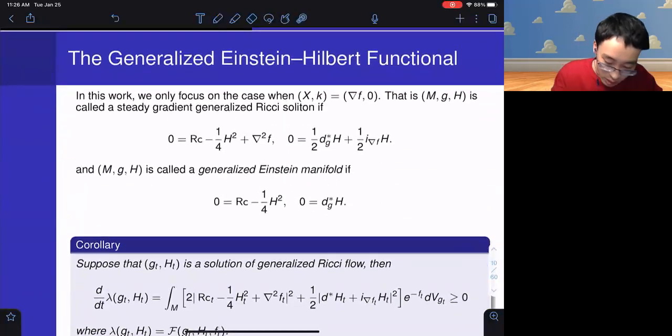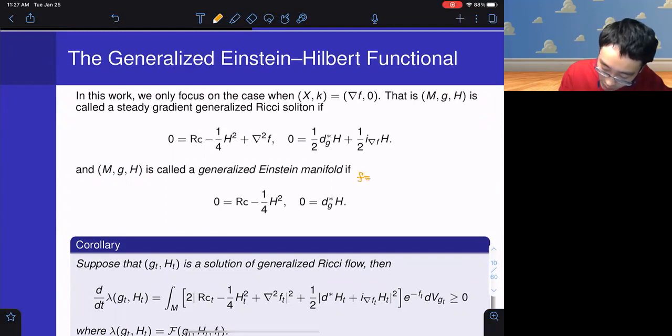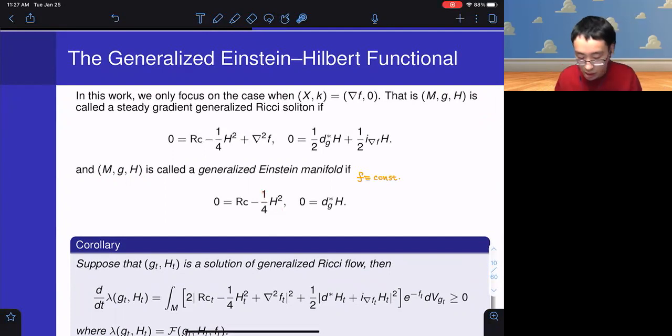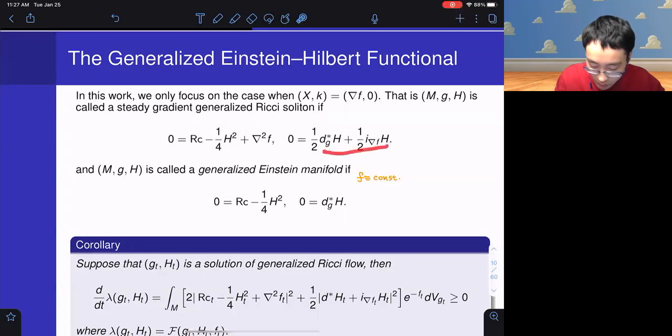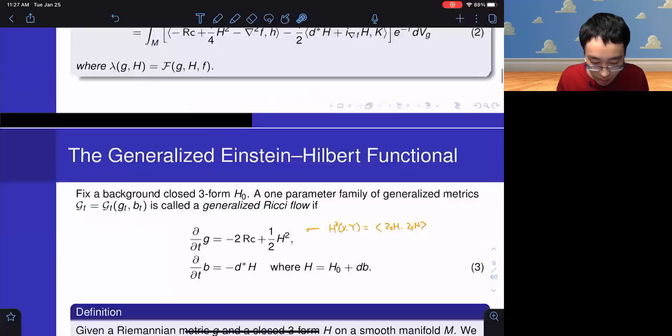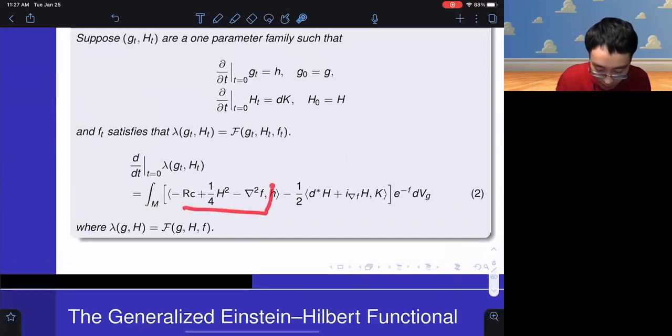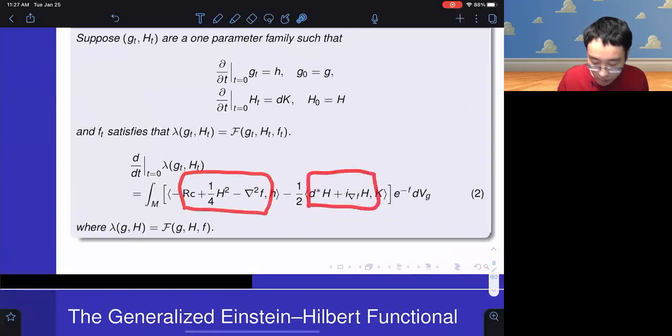We say that (M,g,H) is a generalized Einstein if it is a soliton but here f is a constant. In other words, they satisfy that 0 is Ricci minus 1/4 H squared, and 0 is d star H. So here we see that our soliton will satisfy this quantity. Then back to the first variation formula, this is exactly the quantity shown here.